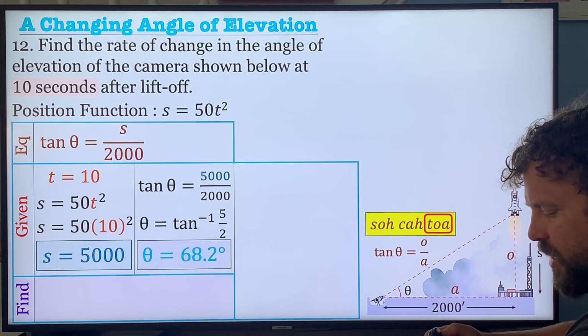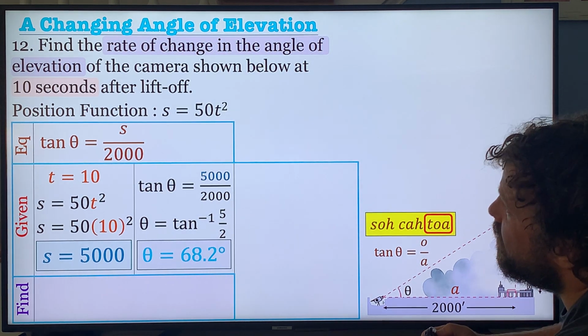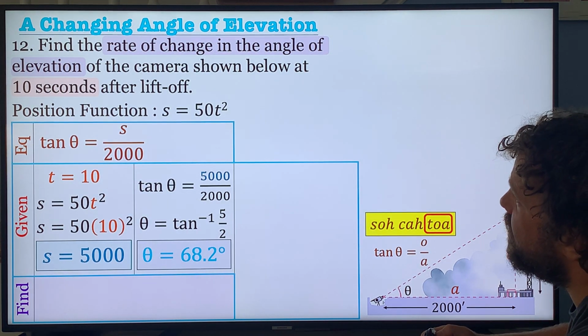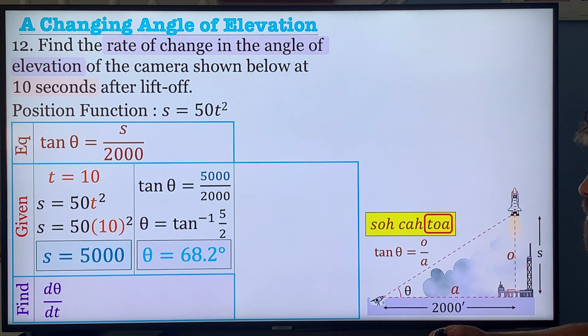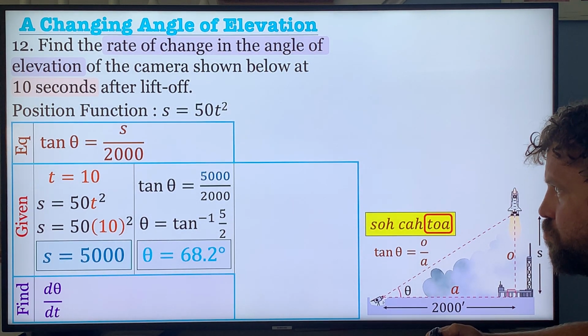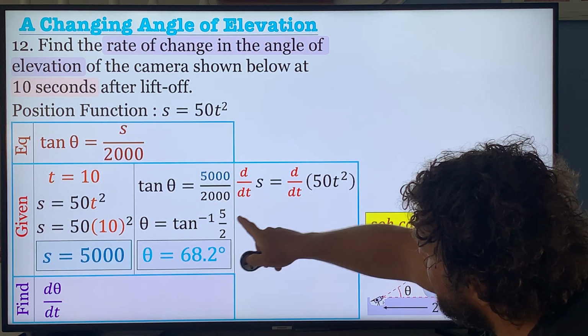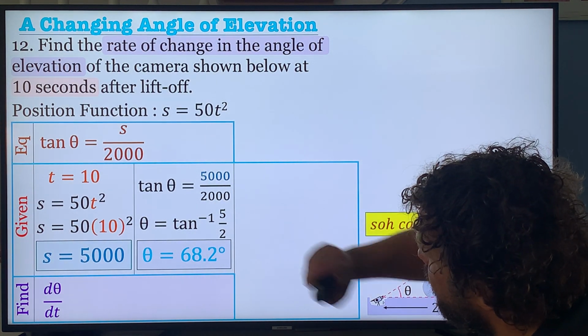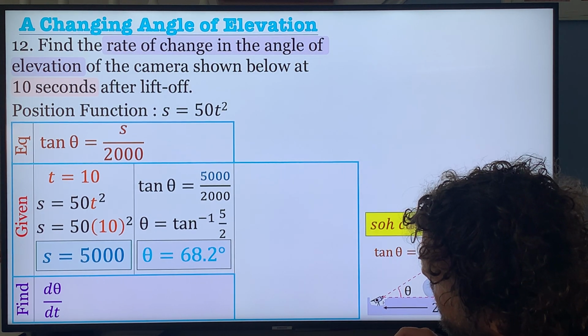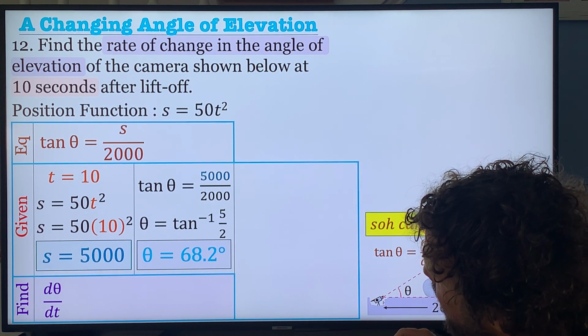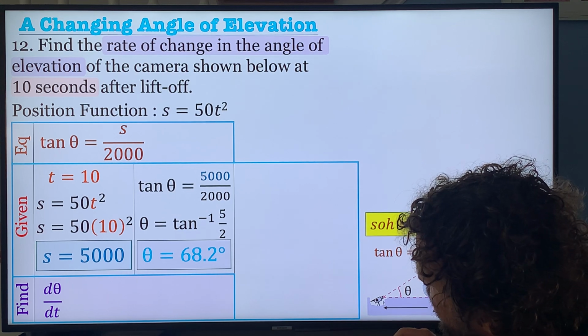All right. So what else can we find here? Rate of change of the angle of elevation says d theta/dt. Are you missing anything else? No? All right, so let us derive. We're going to derive this equation right here. The reason we're deriving this is we need to know how to find this stuff.